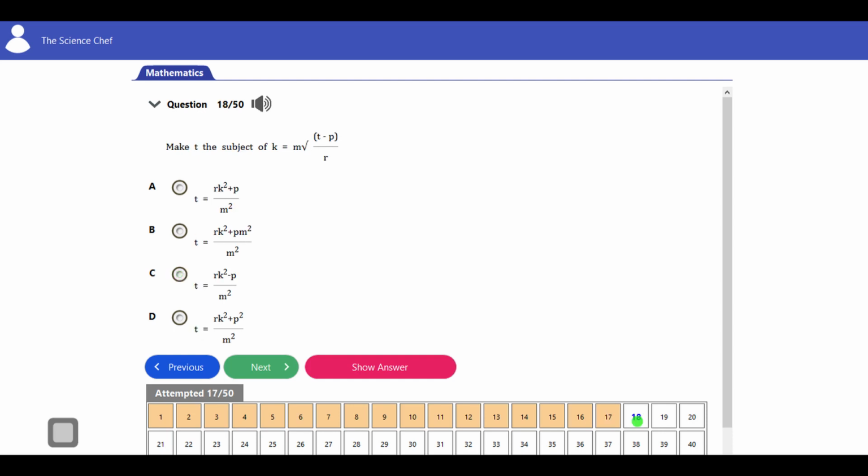Question 18. Make t the subject of formula in the expression k equals to m square root of t minus p all over what? R. So if we have k equals to m into square root of t minus p all over r, what do we do? To eliminate m, we divide both sides by m.